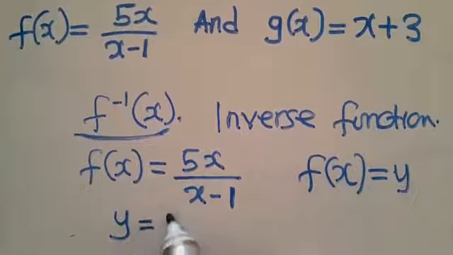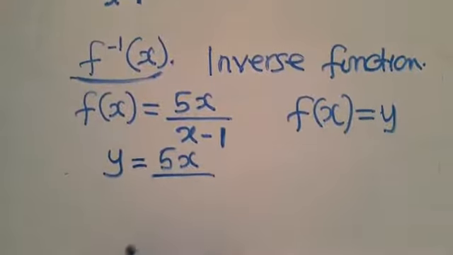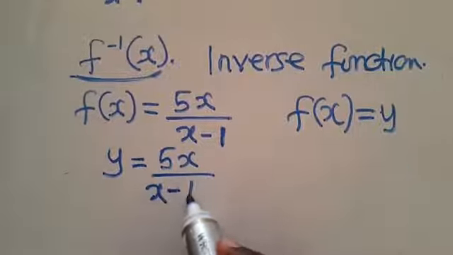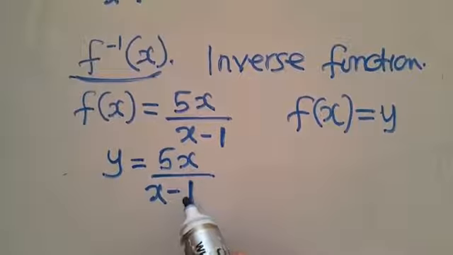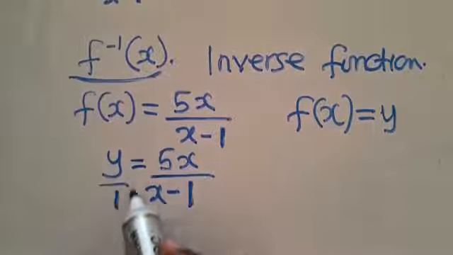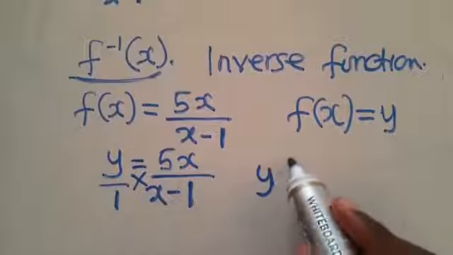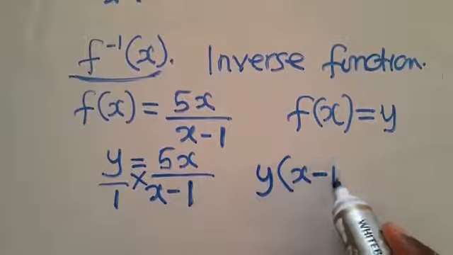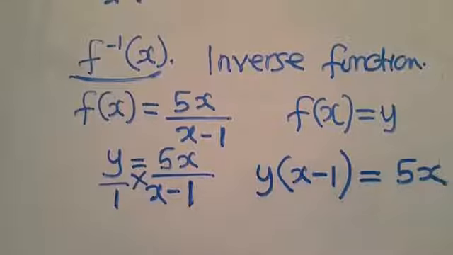So y is equal to 5x over x minus 1. You've got a fraction here. What do you do to cancel this fraction? You put a 1 here, then you cross multiply like that. So you're going to have y, open bracket, x minus 1, is equal to 5x. This is what you are going to form after you cross multiply.